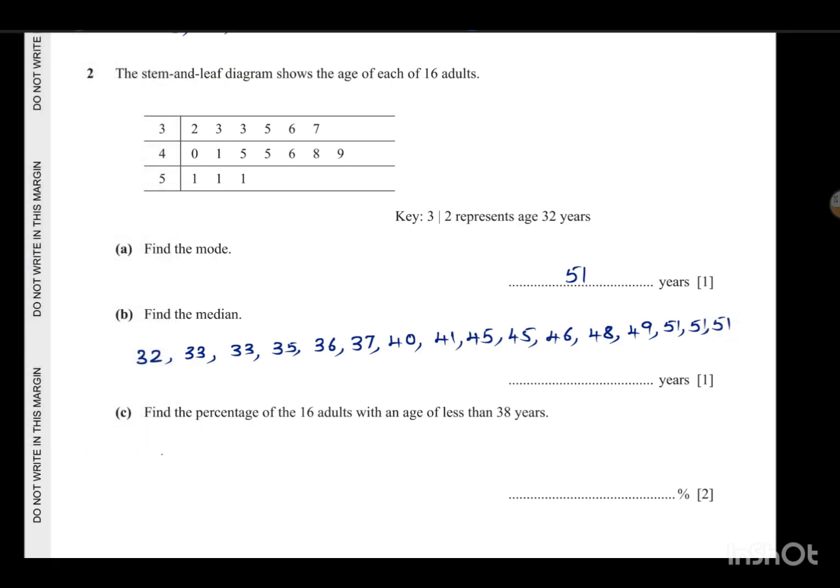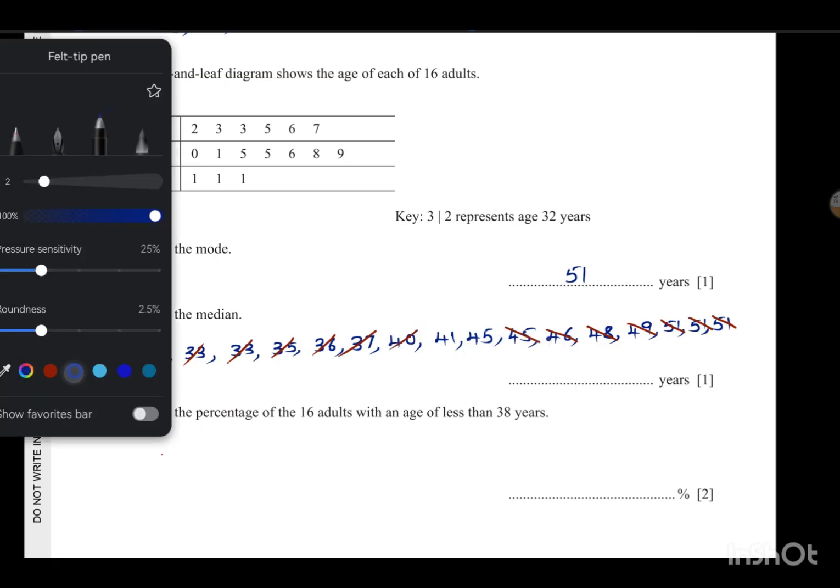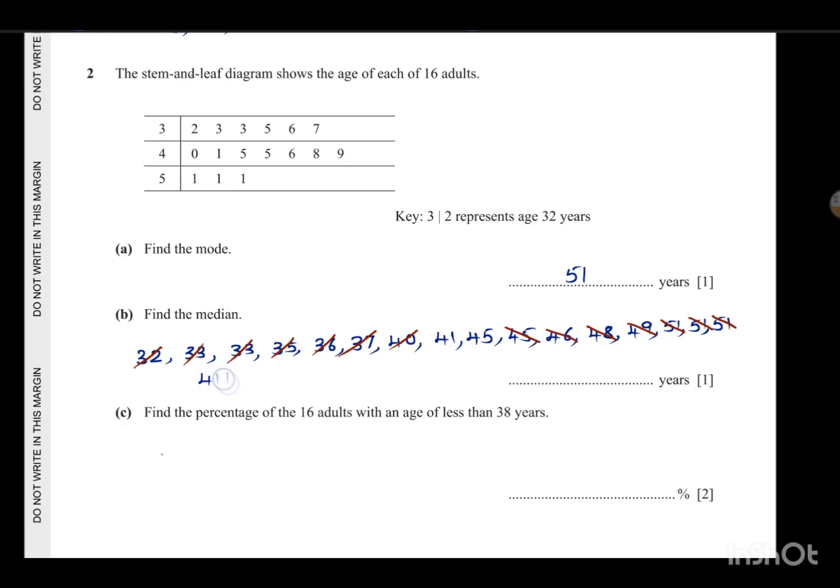Cancel out the numbers from both extreme ends. Two numbers are left. So find the average of those two numbers. 41 plus 45 is 86, divided by 2 is 43. So 43 years is the median here.